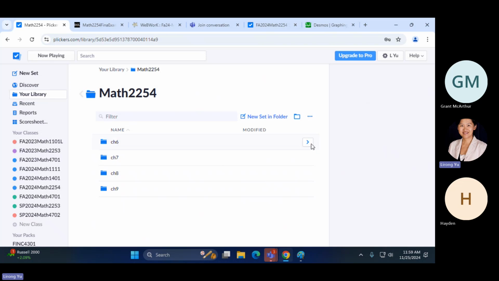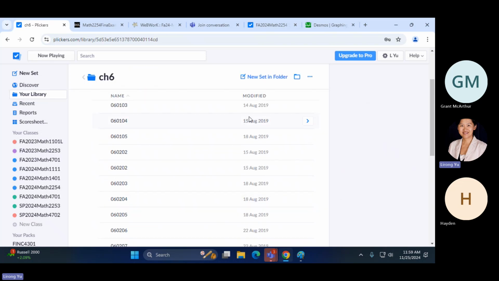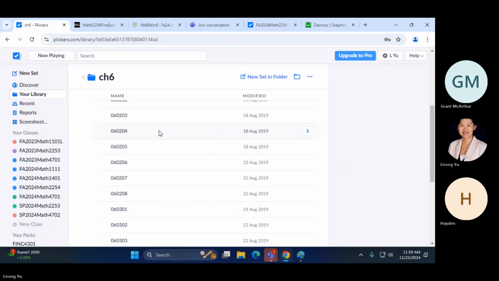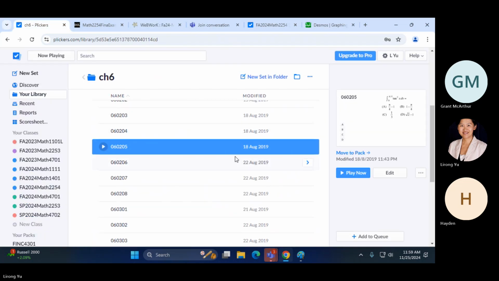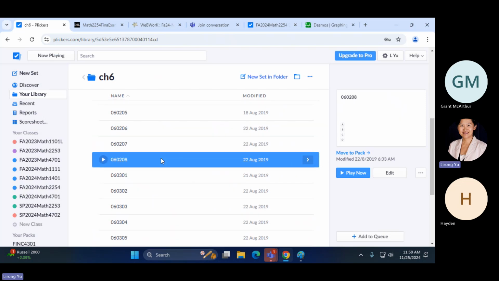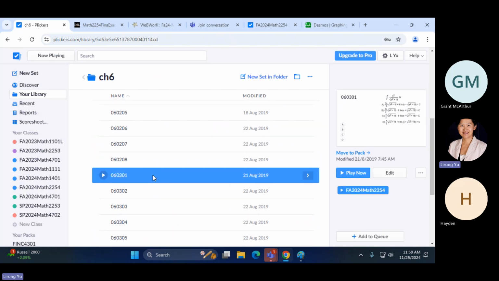So that was chapter 6 for the trig integration. Trying to choose one of the chapter 6 questions.